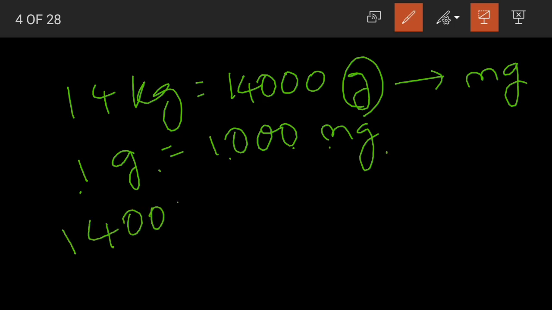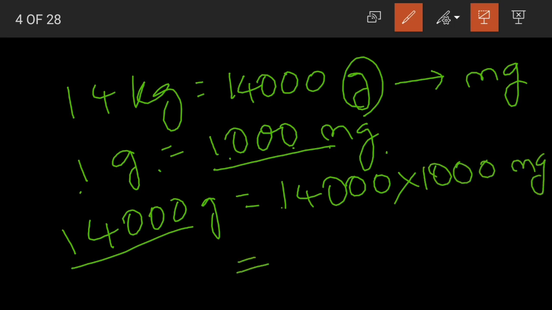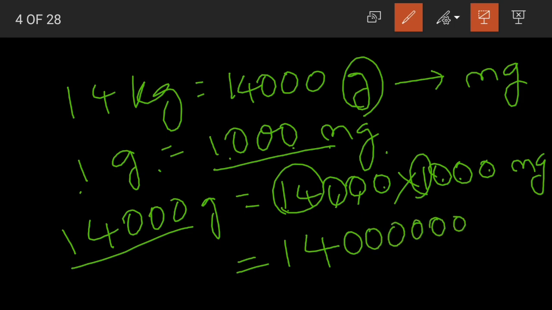Now 14,000 grams is equal to how much? This 14,000 into, again each gram is equal to 1000 milligrams. So into 1000 milligrams. Now how will we multiply this? Multiply the non-zero digits. 14 ones are 14. Then we have 1, 2, 3, 4, 5, 6 zeros. So I'll copy 6 zeros here.